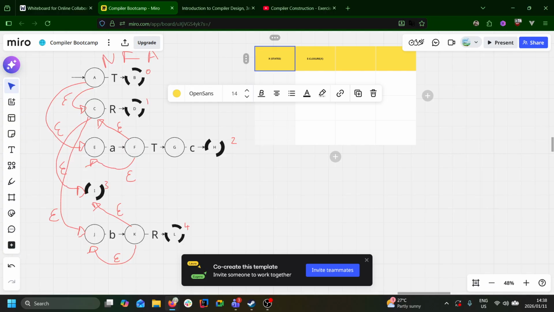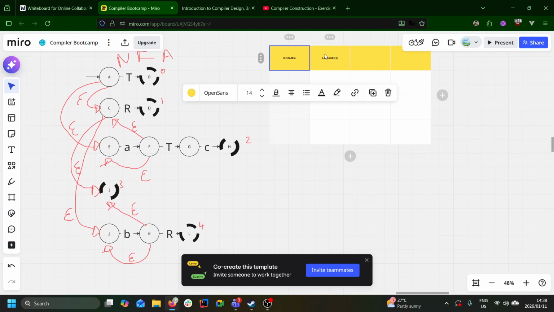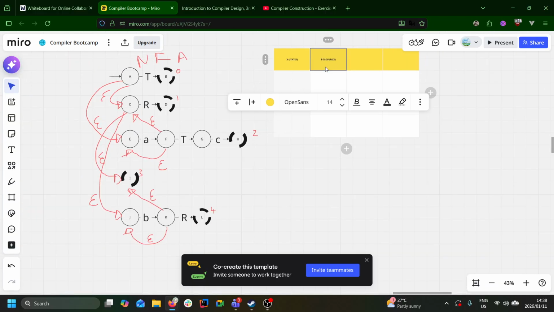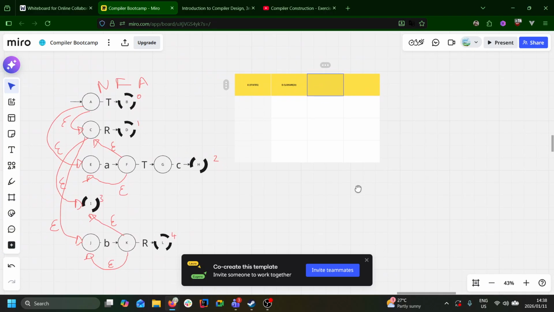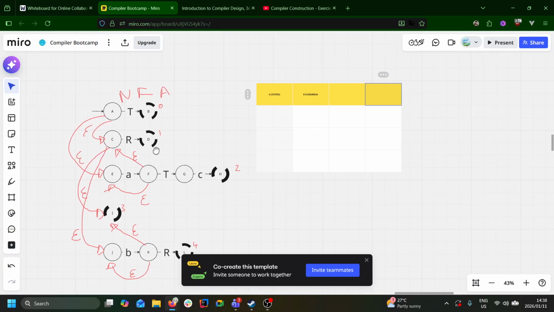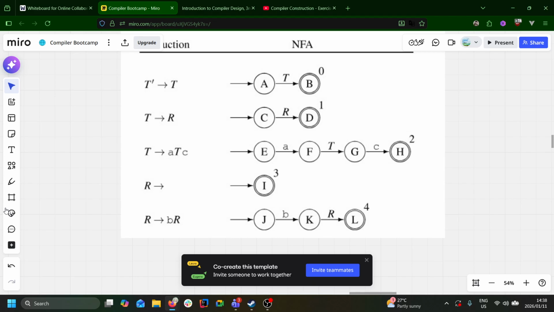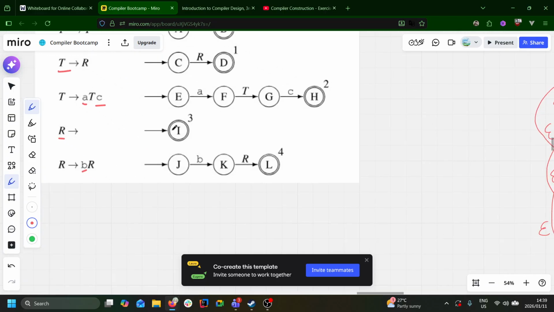These are just the states of interest. Then you have the e-closure over here, and after your e-closure, you're going to have your transition values. The transition values will be your terminals and non-terminals. For this given grammar, we have A, C, and B as our terminals, and for our non-terminals, we have T prime, T, and R as well.